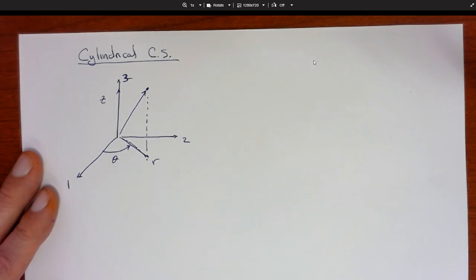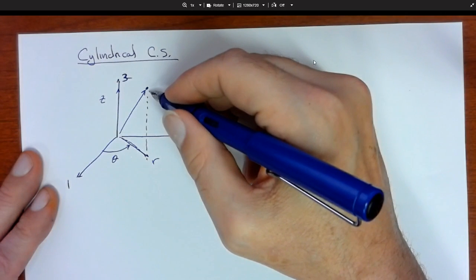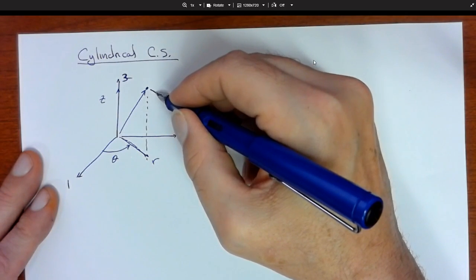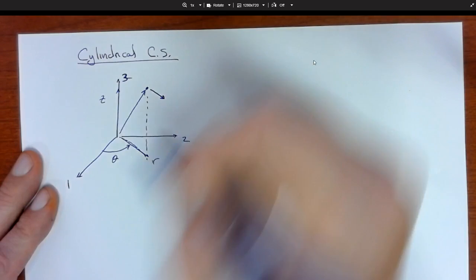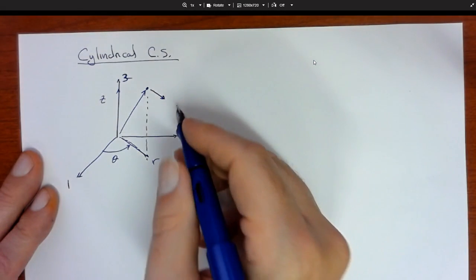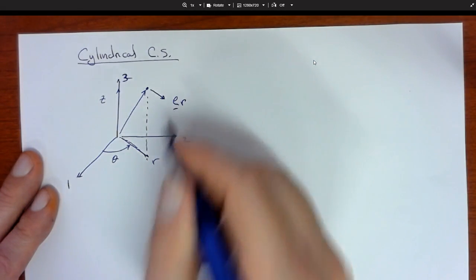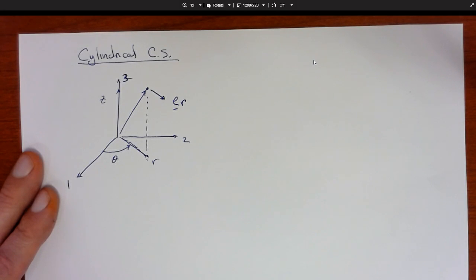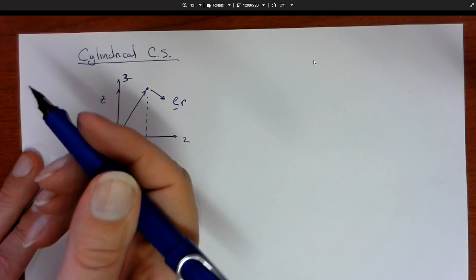Now, thinking about unit vectors, I'm going to try to draw this neatly. Here is a unit vector in the r direction. As theta changes, the orientation of ER will also change as it rotates.